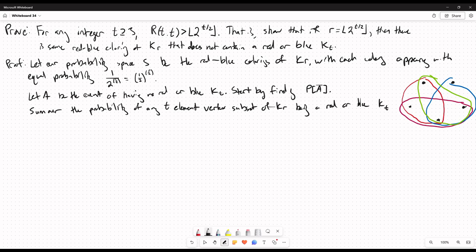So we're summing over the probabilities of a t element vertex subset of Kr being a red or blue Kt.